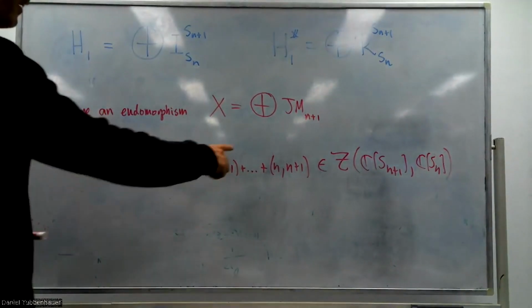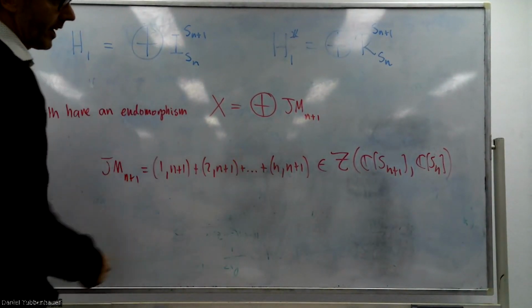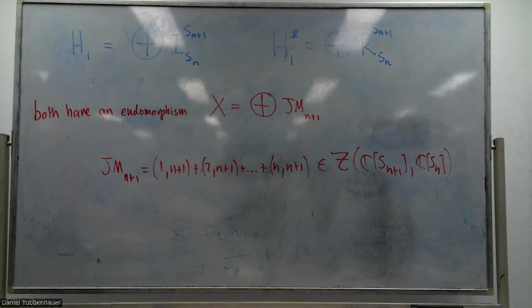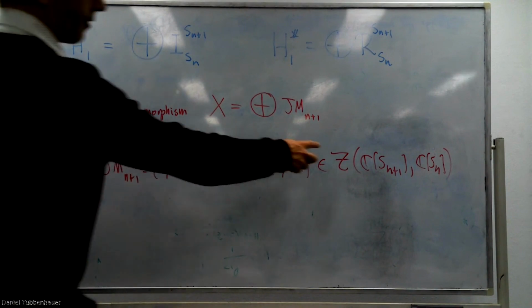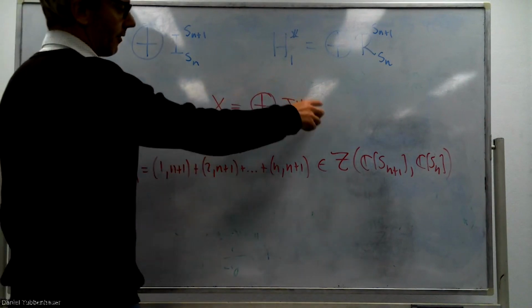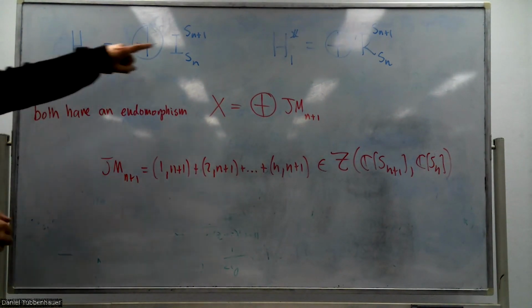This thing is fixed under conjugation by S_n, which moves the first positions around. So it acts as an endomorphism of restriction from S_{n+1} to S_n and induction from S_n to S_{n+1}. I take the direct sum of these and I get an endomorphism of this functor and this functor.